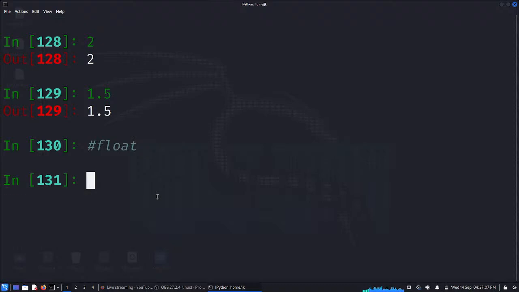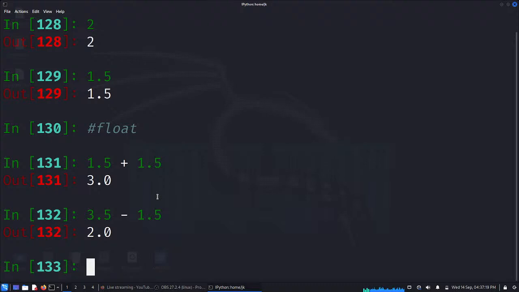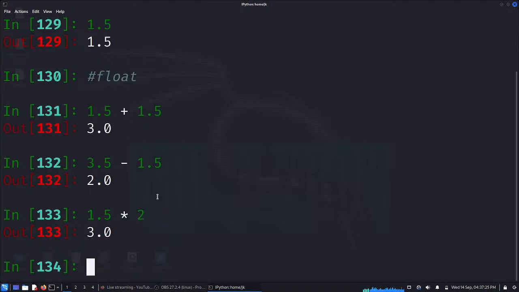So we have floating point numbers, with which we can use the same calculation, 1.5 plus 1.5, or again 3.5. You want to subtract 1.5, and we can also do 1.5 times 2. We can see that the results are floating point numbers.